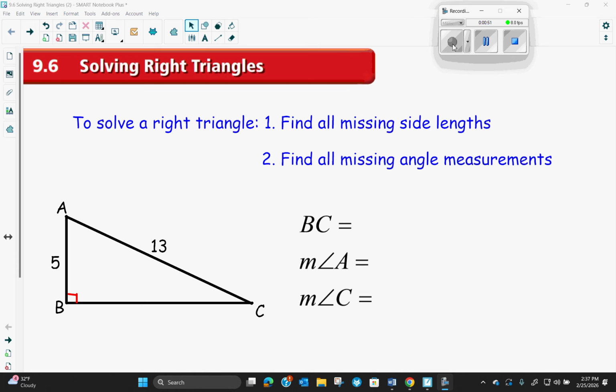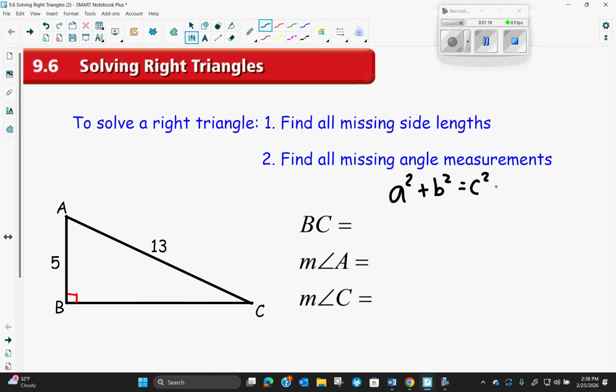So here, to find BC, I don't have any angle measures, but I know it's a right triangle. So first thing I'm going to do is probably find the missing side. I'll do that using a squared plus b squared equals c squared. And looking actually for probably b.